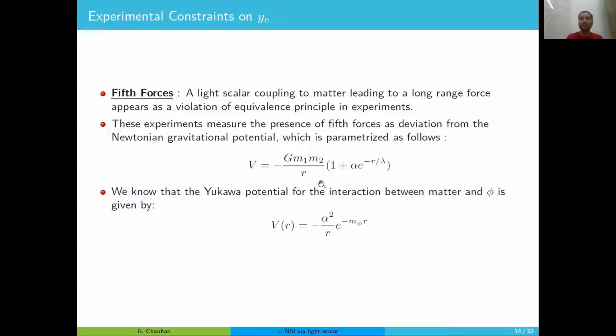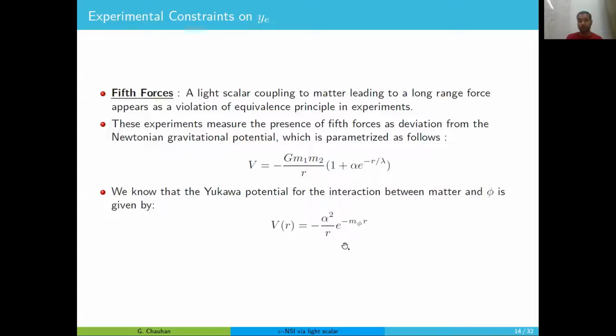They parameterize the deviation from the Newtonian gravitational potential, here with this extra force parameterized by alpha. We know that the Yukawa potential for the interaction between matter and a scalar phi is of a similar form as they parameterize here, and it goes as 1 over r and also falls exponentially depending on the mass of phi.